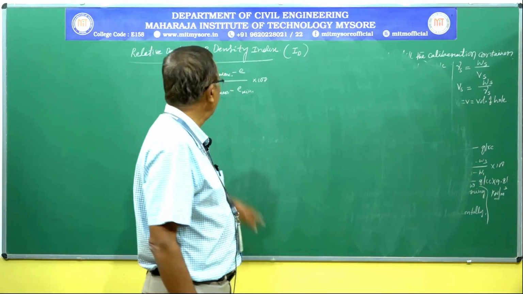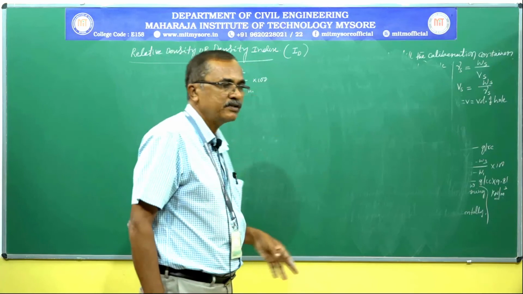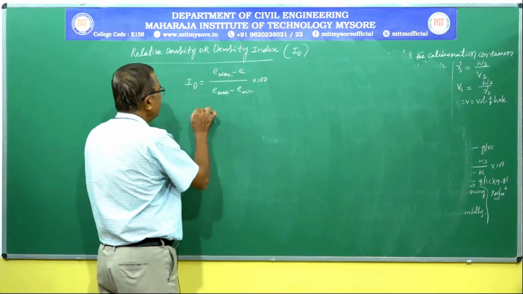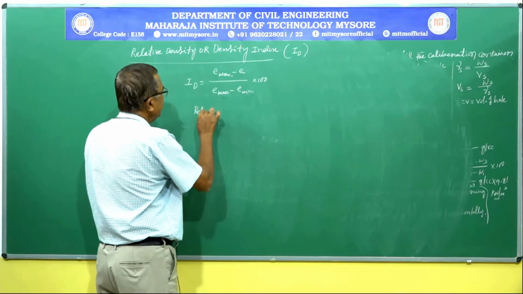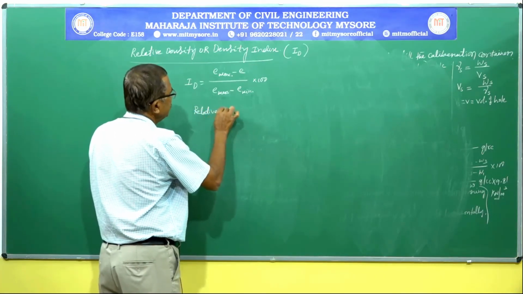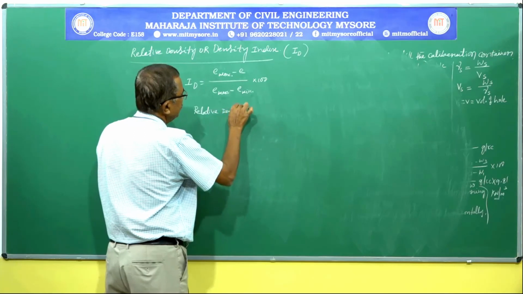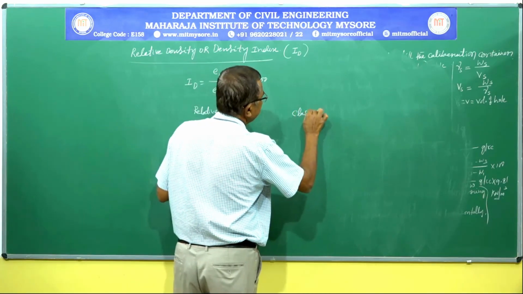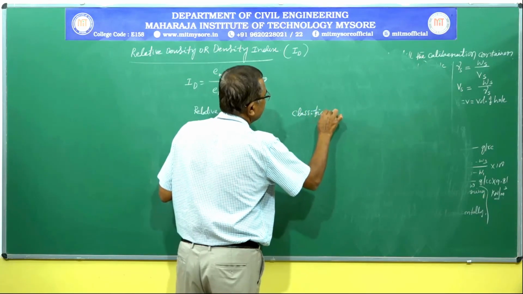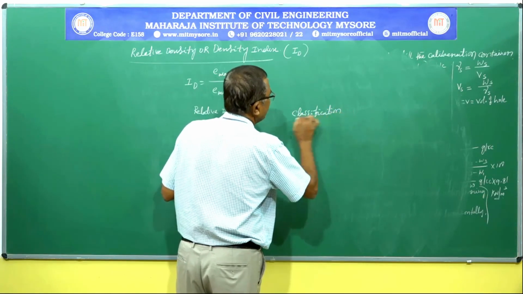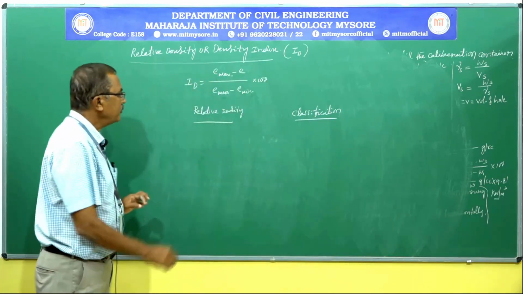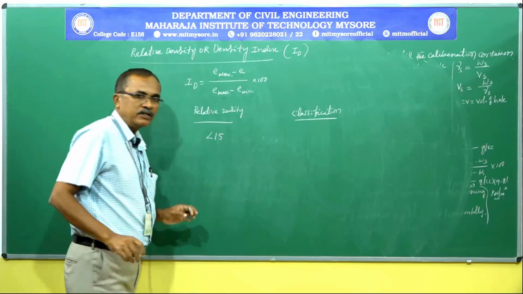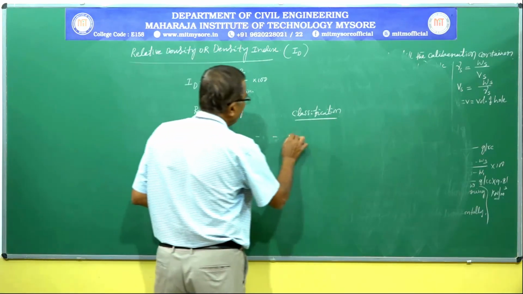Based on this relative density index, we can classify soil like this. The value of relative density, then classification. If relative density is less than 15, then soil is said to be very loose.